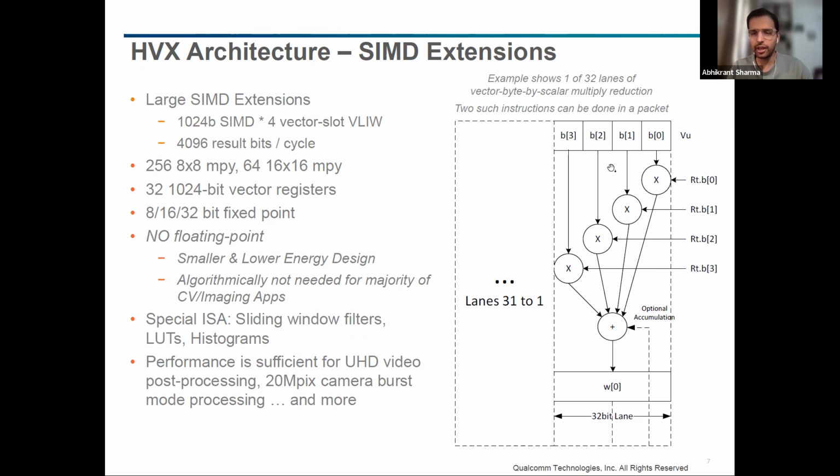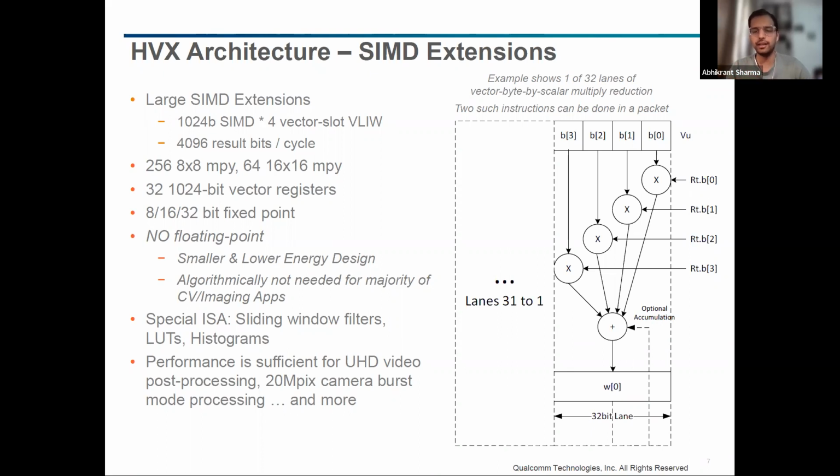Why I'm talking about this multiply and accumulate operation is that most deep learning applications these days make use of convolutional neural networks, and in all these CNNs, the basic block is a convolution. Convolution is nothing but multiplication and then addition.